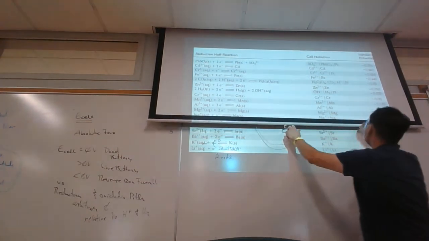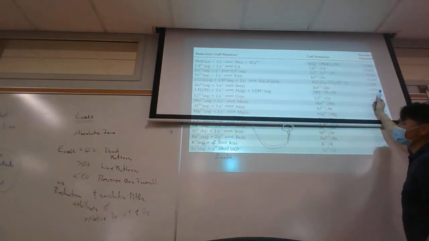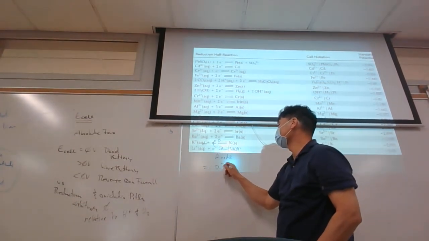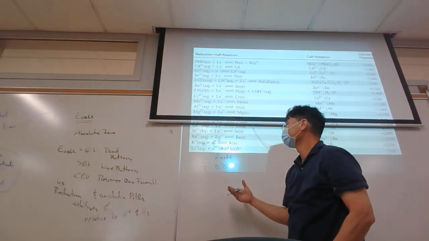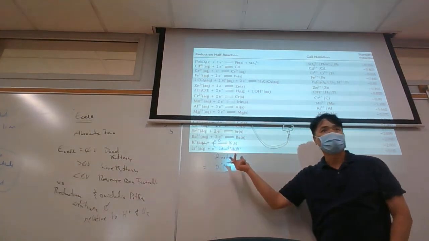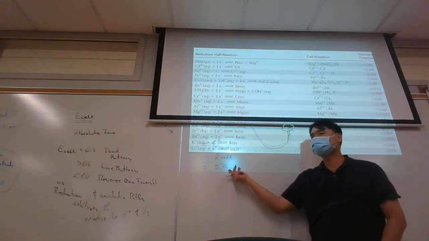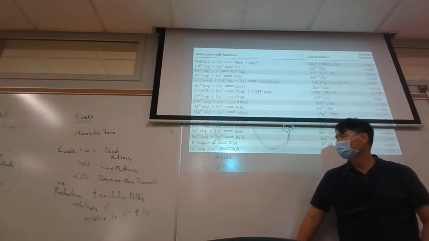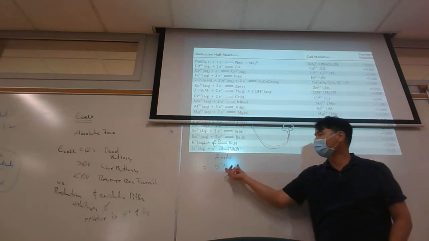If it's reverse, we change the sign, plus 0.763. And so when I look at that, wow, that's 0.763 volts higher than H2. So this is a better reducing agent than hydrogen gas by 0.7 volts. Almost 0.8 volts. And so the higher the potential, the better.